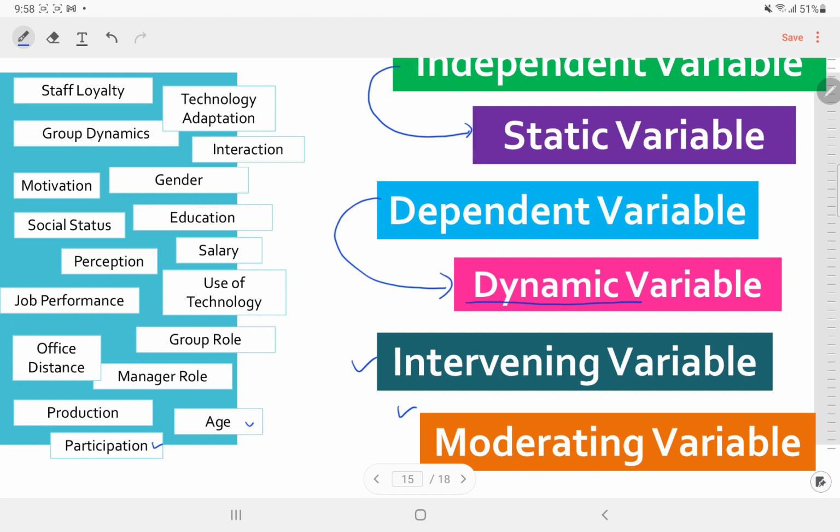I'll give you some time to reflect on your understanding of variables and try to determine whether staff loyalty belongs to independent, dependent, intervening, or moderating.